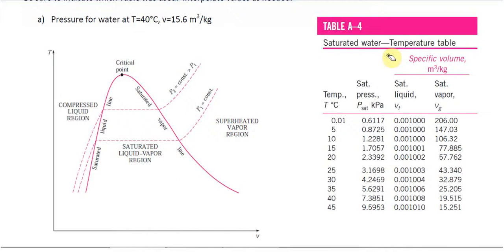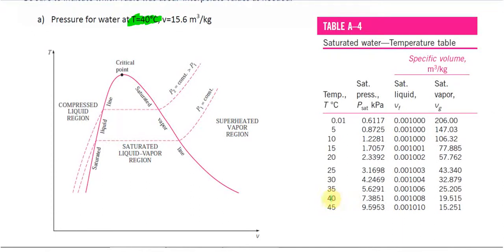We need to use the temperature table for this problem, since the temperature is given to me. I look at the temperature of 40 degrees. Actually, I didn't copy all the tables, so in the book you may have a much bigger table. I just copied the part that we need to solve this problem.